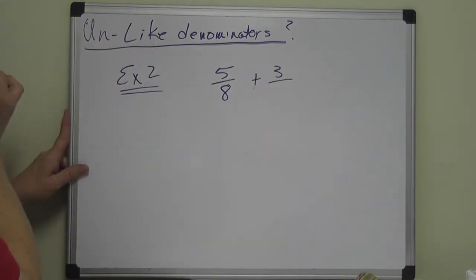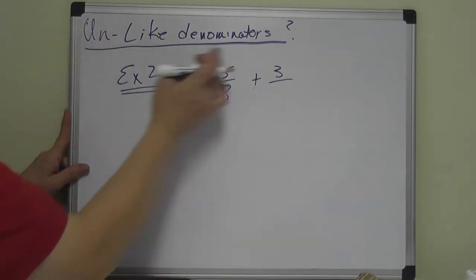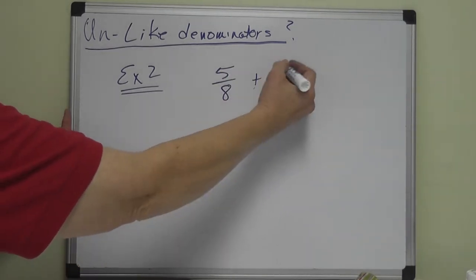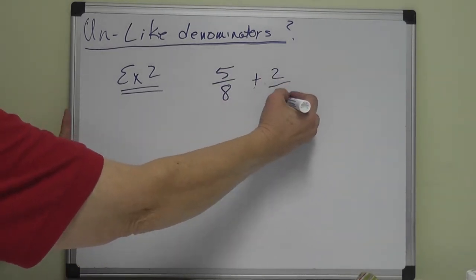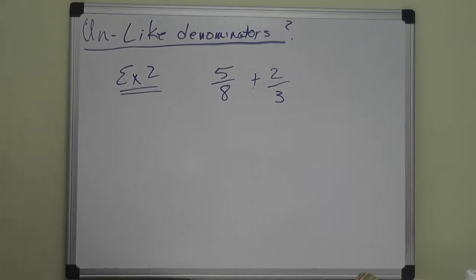So they have a common denominator, 5/8 plus 2/3, not 3/2. 5/8 plus 2/3. So you want to look at that and say, what is our common denominator going to be?